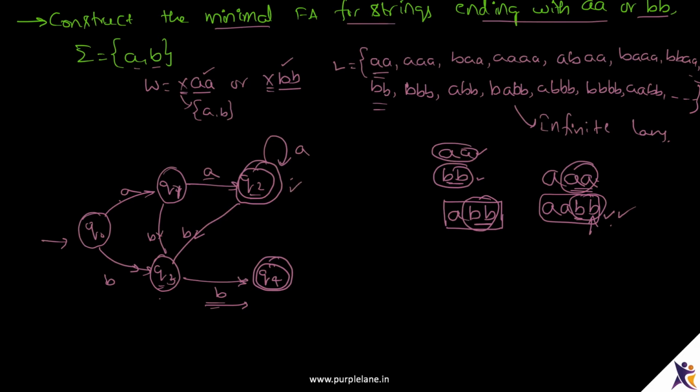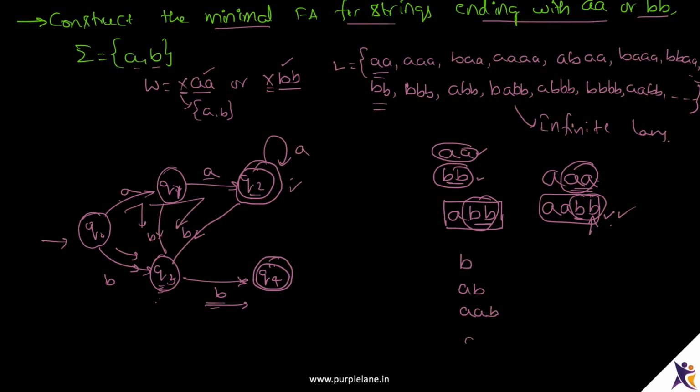Now coming to Q3. Q3 does not have a transition over A. How did we reach Q3? By seeing B, or AB, or AAB, in this way, or this way, or this way.